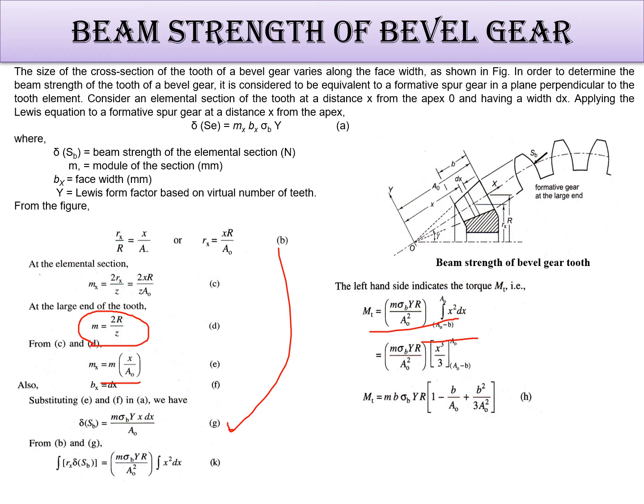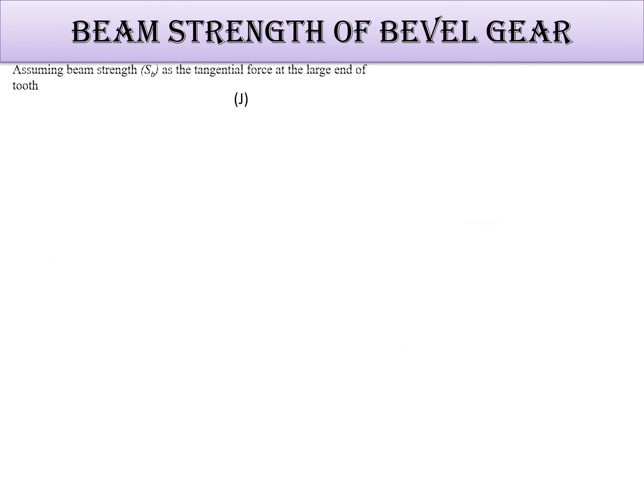Now Mt can be replaced with the beam strength. Let's see this part. Mt is equal to Sb into R, because the torque is force into perpendicular distance. We got the value of Mt, Sb is there and R is there. So putting that, Sb is equal to this, R we have transferred here.